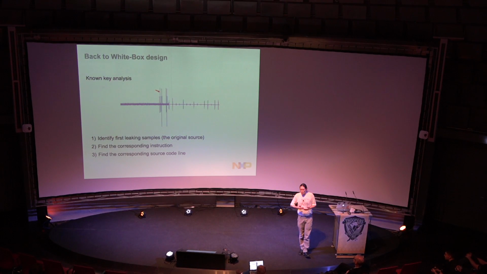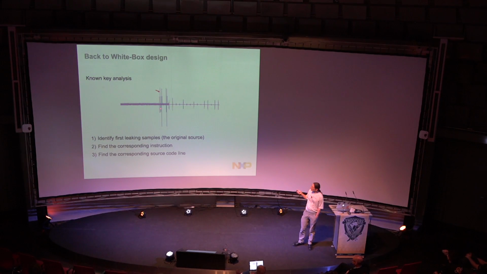Once we broke the key, or we just know the key, we can do a known-key analysis. This is a special kind of trace where you can see really at which moment it starts leaking information. And you know how you constructed that information, so you know exactly what the corresponding instruction in the binary is that created that leak.